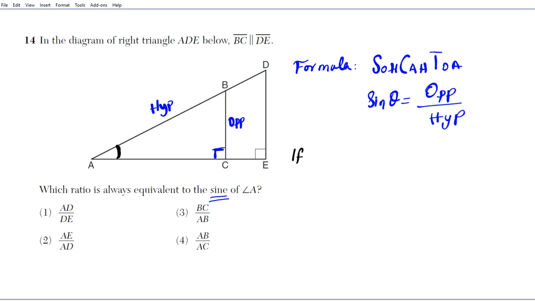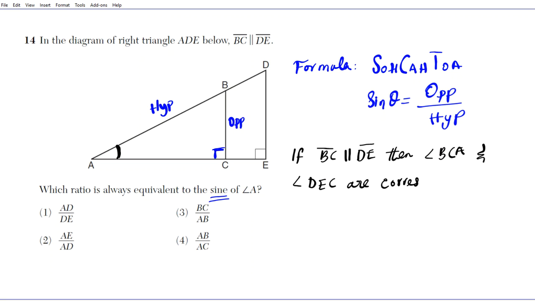If BC is parallel to DE, then angle BCA and angle DEC are corresponding angles, which implies that what? Implies that they are congruent.